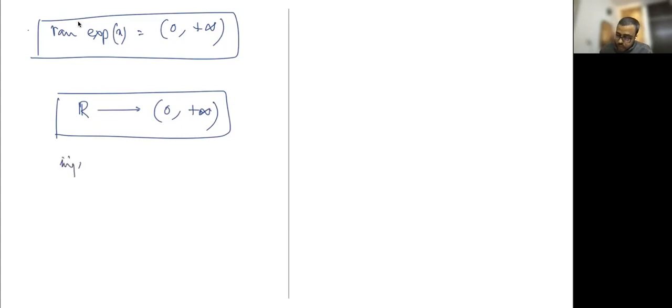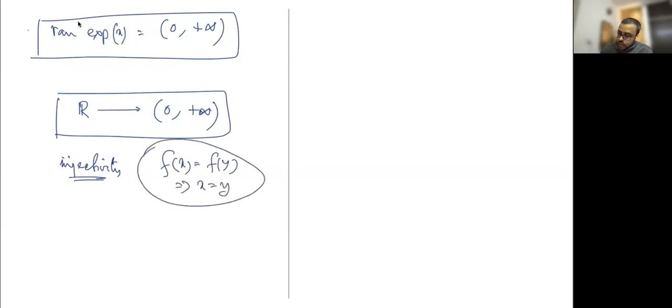So injectivity means what should we have? Strictly increasing. Strictly increasing will give you this, because between x and y there are only three options: x less than y, x equal to y, x greater than y.